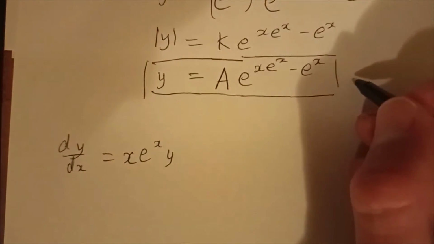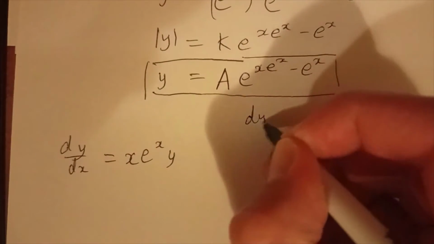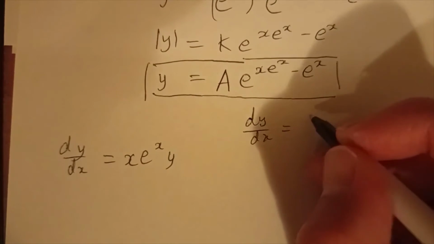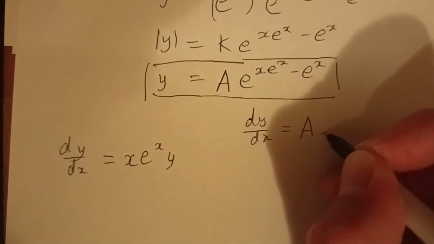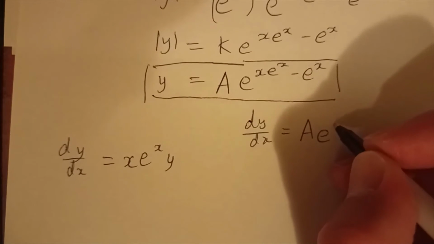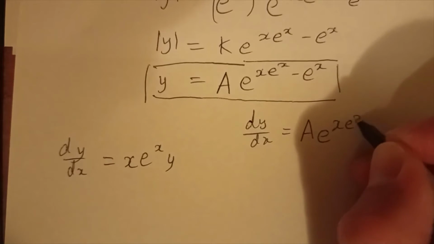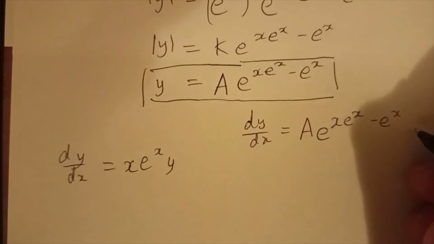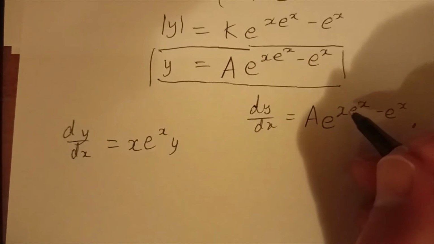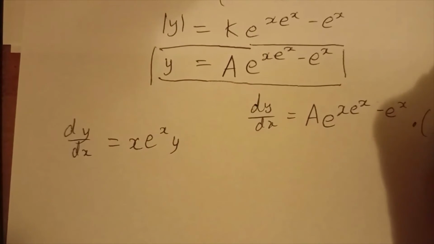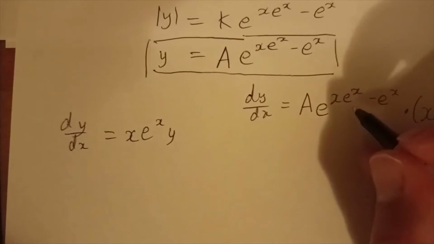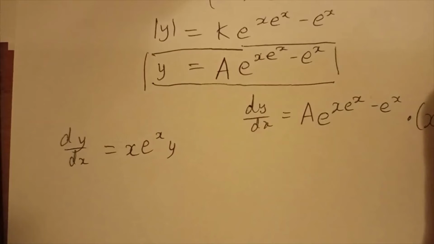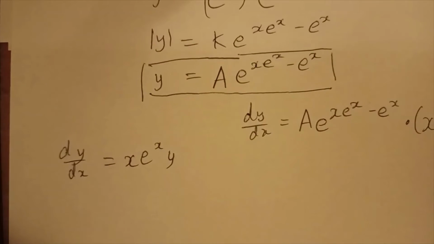So the derivative of this will be dy/dx equals... it's an exponential function, so it will just be itself times the derivative of the exponent, which is going to be x times e to the x plus e to the x, take e to the x.